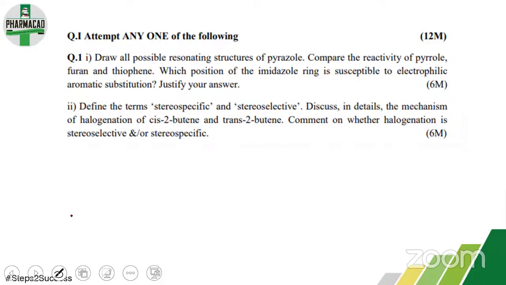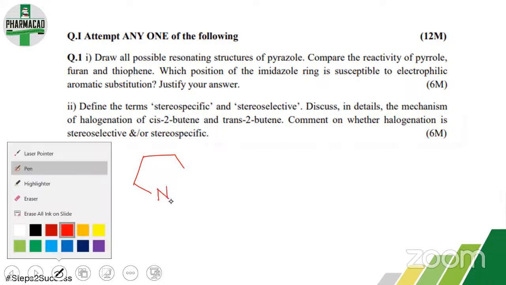Imidazole is a 5-membered ring with 1,3 nitrogens over there.